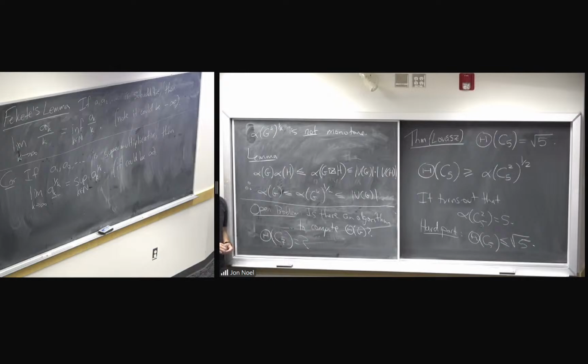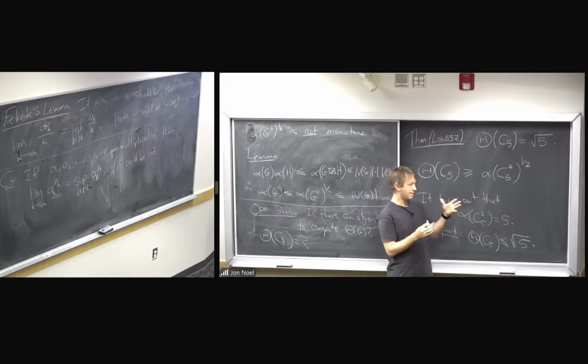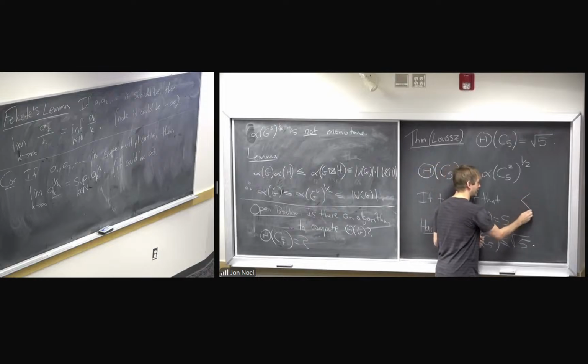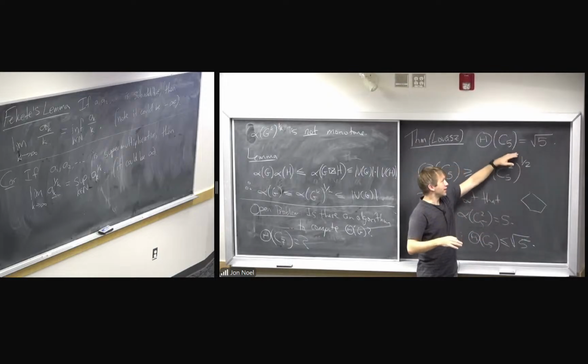Again, going back to how you should interpret this number: if I wanted to develop a language of code words where I've got 5 symbols with this relationship of which symbols can be confused with which symbols, then if k is very large, you should think of it as effectively the number of letters in my alphabet being root 5.